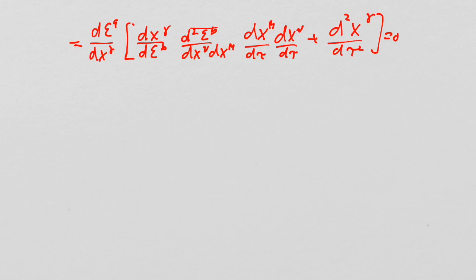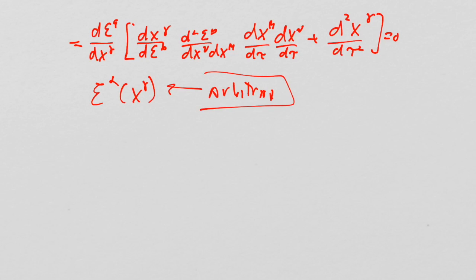And the idea is that this thing here has to be 0 because this was E alpha as a function of x mu. And I said this is arbitrary, right? We're allowed any coordinate change we want. So we can't assume that that's 0, but in order for this to be true, equaling 0, it must be that this expression here equals 0.